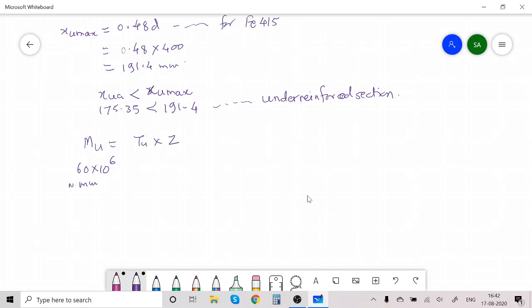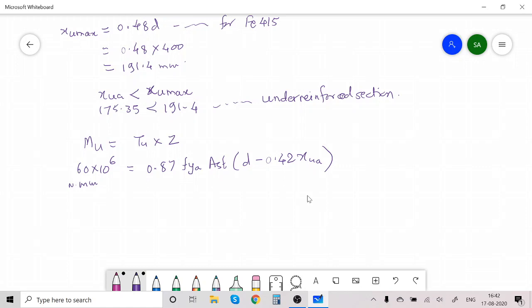So I have converted it to Newton mm is equal to 0.87 Fy actual, stress in steel actual, AST into bracket D minus 0.42 XU actual. Because here we will consider the actual depth of neutral axis.